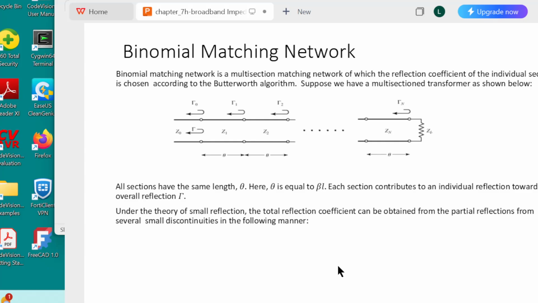The total reflection coefficient that you can measure from the left end of the quarter wave transformer can be approximated by this formula.